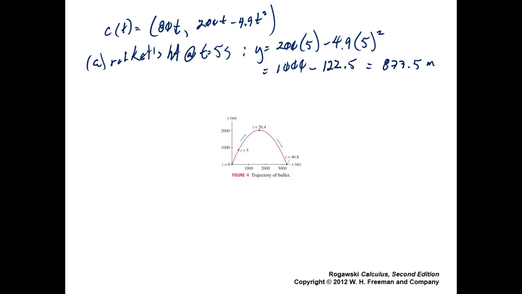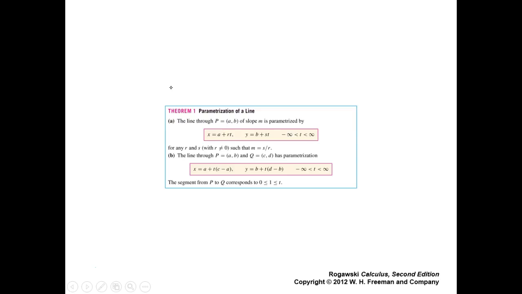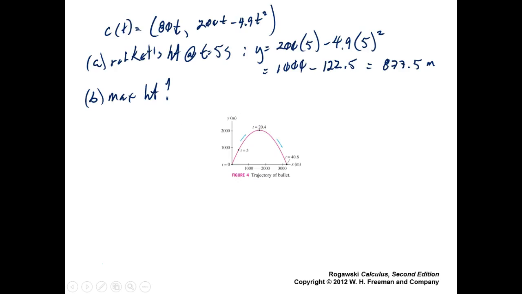Now, they also ask you what is the rocket's maximum height. That's the B part. What would be the maximum height? What would be 0?